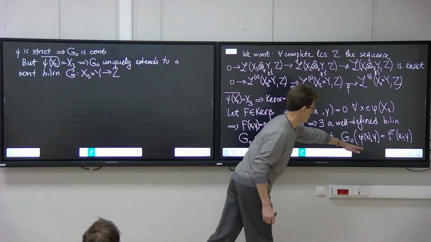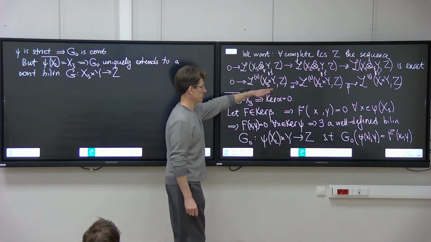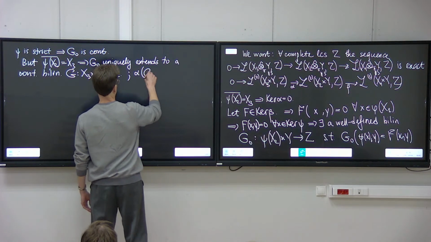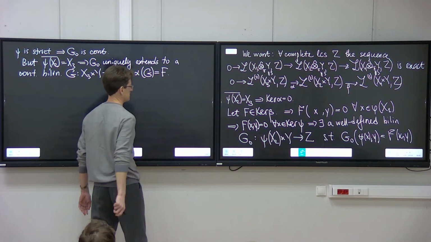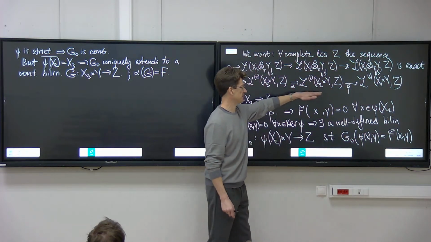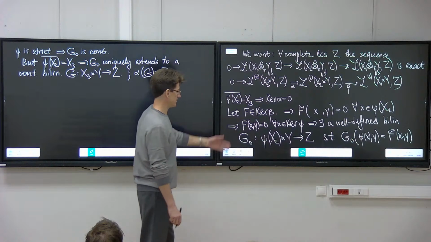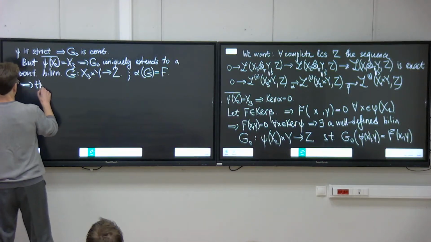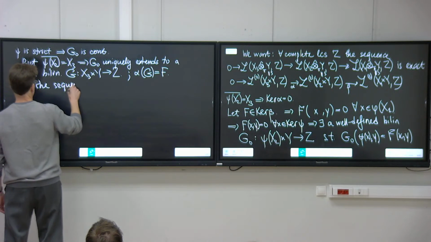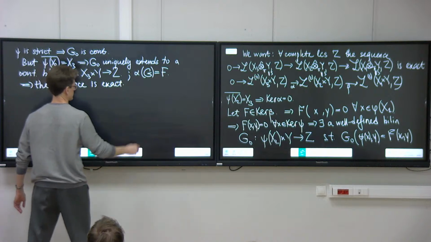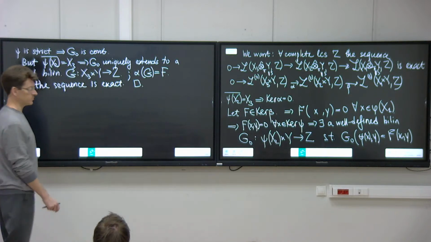And this formula applied to G shows that actually alpha of G equals F. So we have started with an arbitrary element F in the kernel of beta, and we have proved that F comes from here. So we see that our sequence is exact. Now this completes the proof.